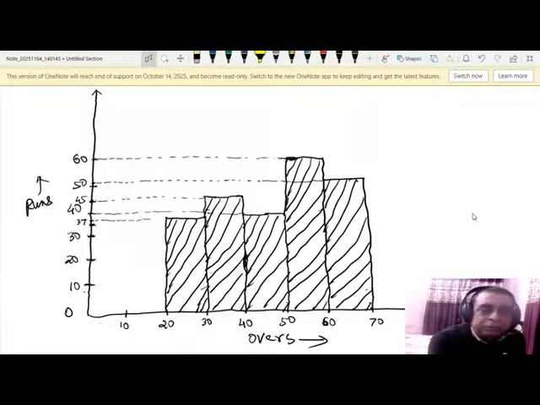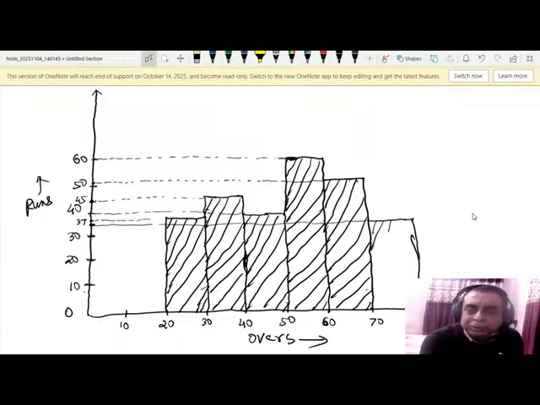So you make a bar up to this height. We draw a horizontal line through 35, up to this height. That is 35.